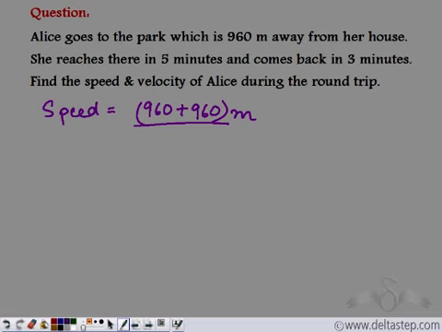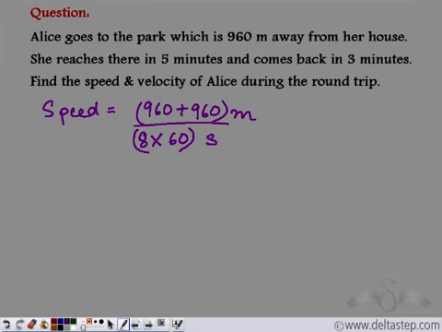The total time taken by Alice is 5 minutes while going and 3 minutes while coming back. That is 8 minutes. And when we convert it to seconds, we know 1 minute is equal to 60 seconds. So it is 8 into 60 seconds.